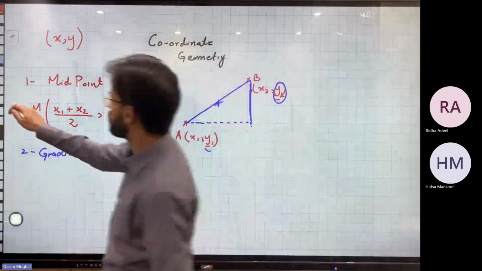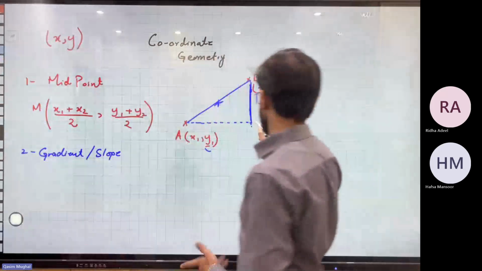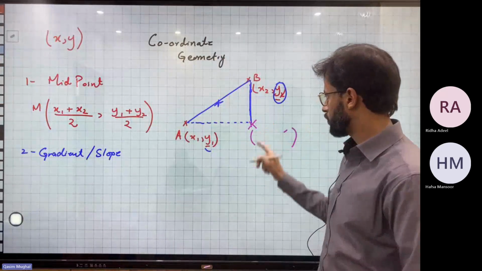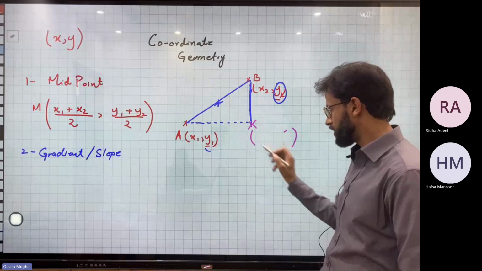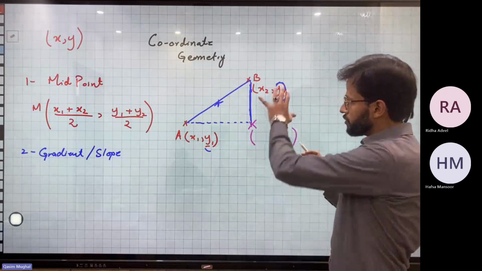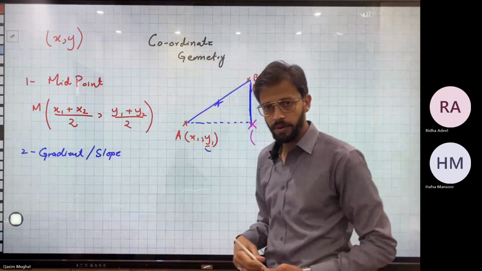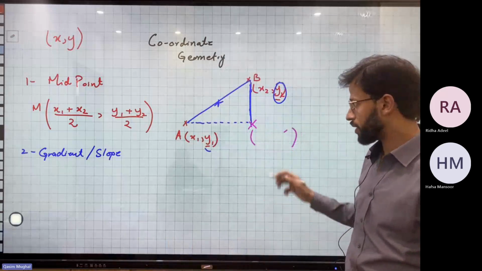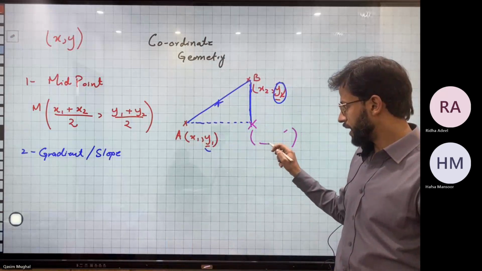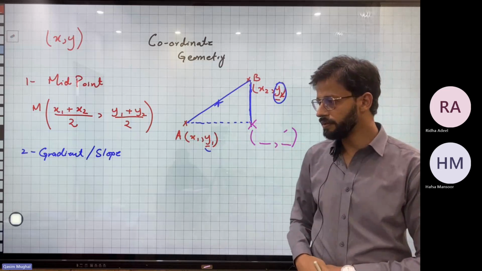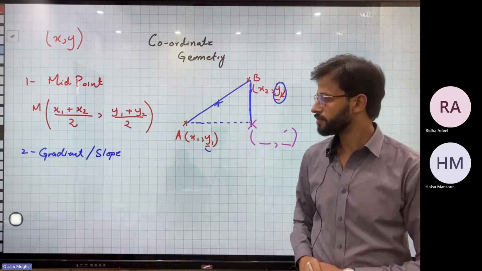If I ask you to give me the coordinates of this point, forget about the gradient for now. What would be the address of this point in terms of x1, x2, y1, y2? The x and the y. Any idea?